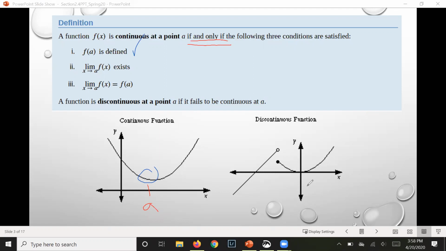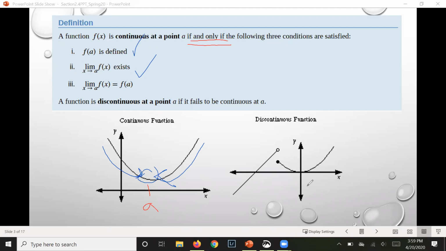Second one, the limit as x approaches a of f of x exists. If we come from the right-hand side and from the left-hand side, does it look like the graph is approaching the same point from both sides? Hopefully you would agree that it does, so we get a check there. And the last one: does that limit equal the output value of the function at a?